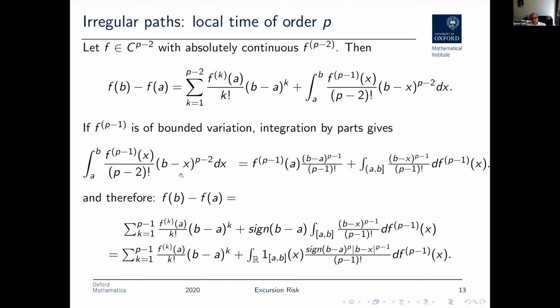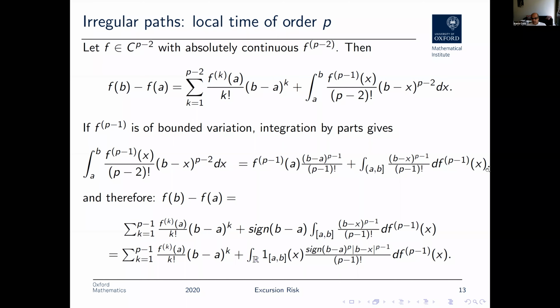I integrate this, and I differentiate that one. So I integrate the (b-x)^(p-2), and I differentiate this (p-1)th derivative, so I get this form here.